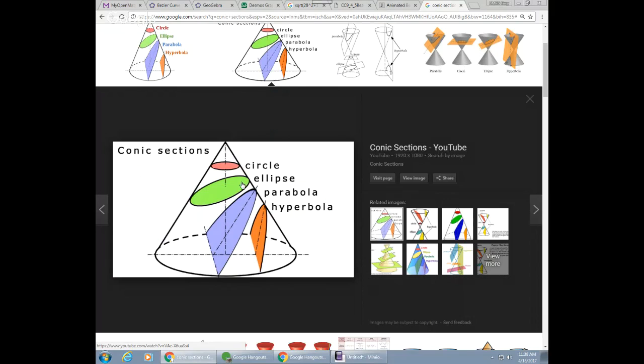If you slice at an angle that is between perpendicular and the angle of the edge of the cone, then you get an ellipse. If you slice through at the same angle as the edge of the cone, you end up with a parabola. And if you slice somewhere between the angle of the edge of the cone and vertical, you get a hyperbola.